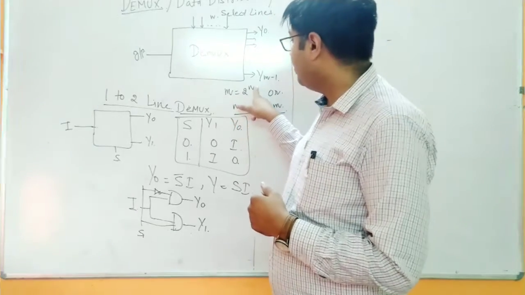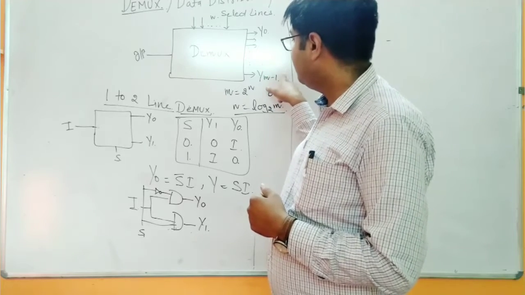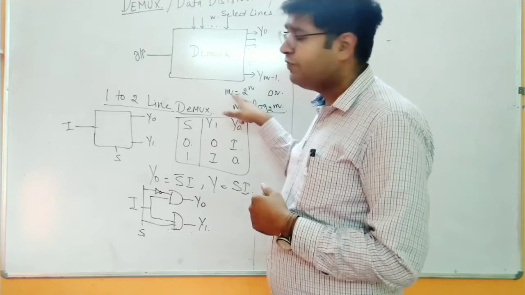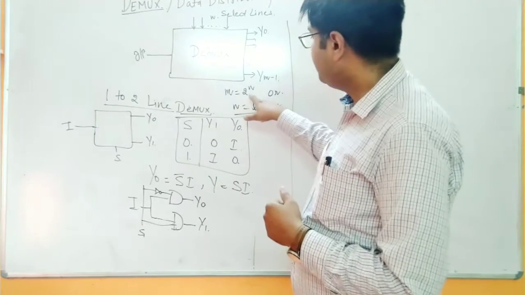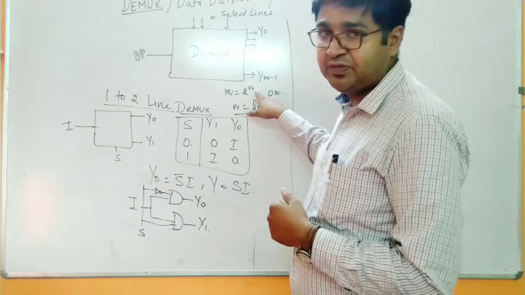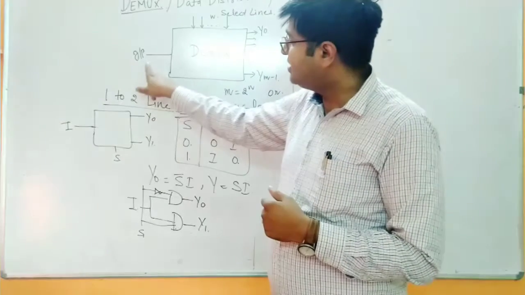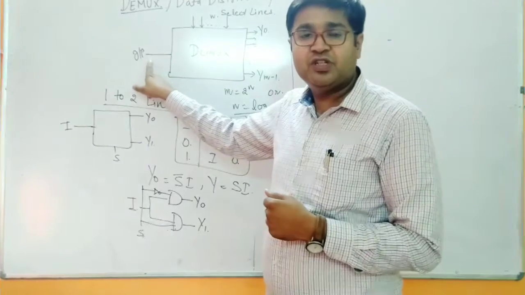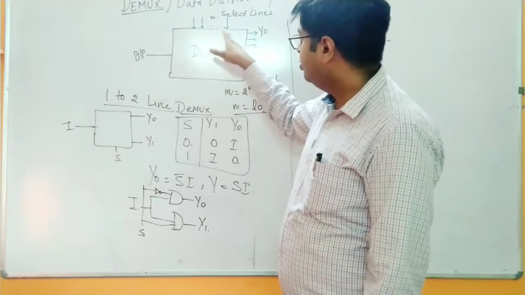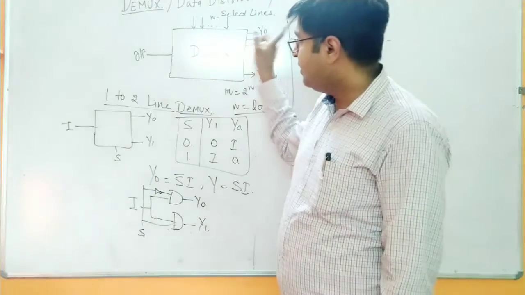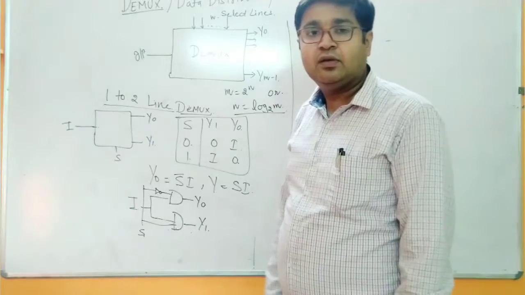So if you want to design a demultiplexer where the number of outputs is 4, there will be 2 to the power 2, meaning 2 selection lines will be used. Whatever information is provided at this input will be routed to the output decided by the selection lines.